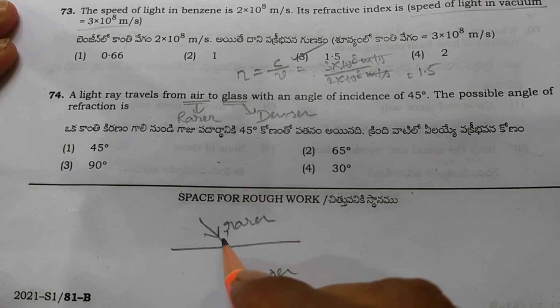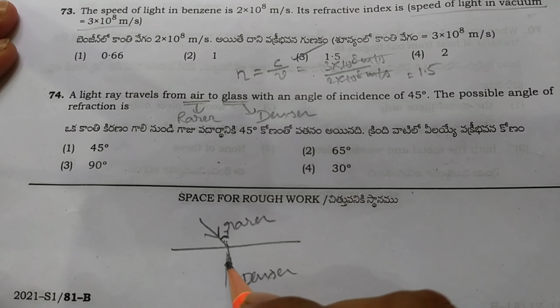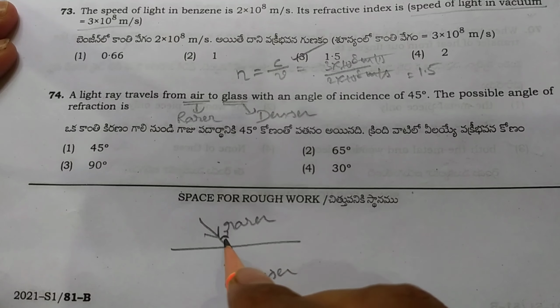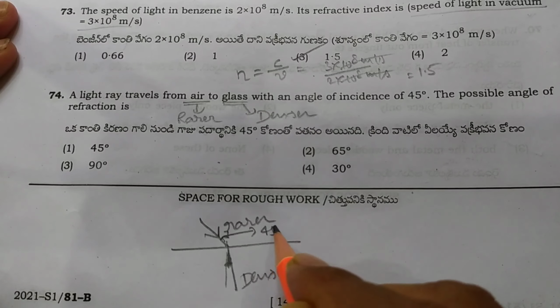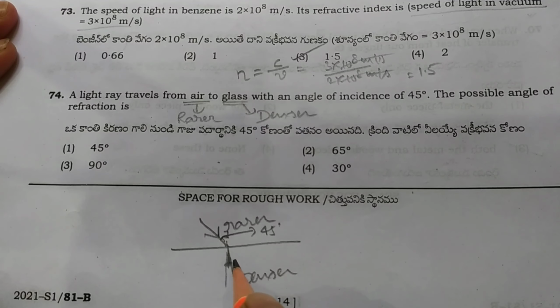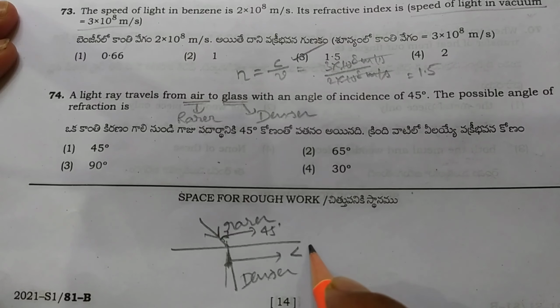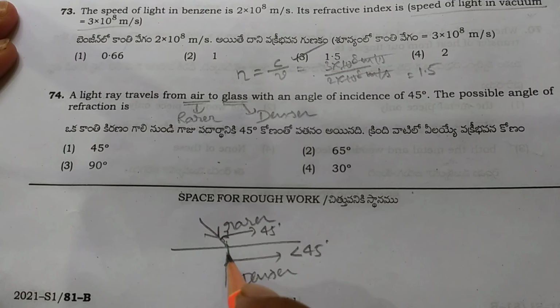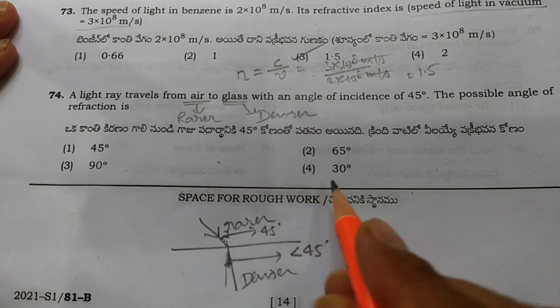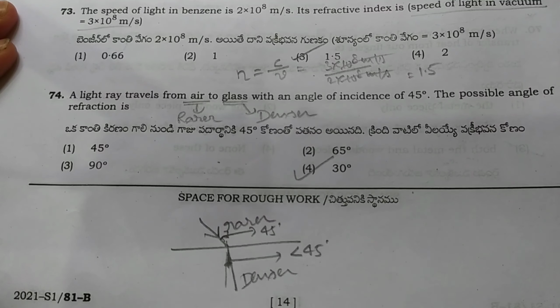That means this angle is more than that one, or in other words, this angle is lesser than that. The given angle is 45 degrees. This angle should be less than 45 degrees because it is bending towards the normal. So less than 45 degrees, and from the options, option 4, that is 30 degrees, is the right answer.